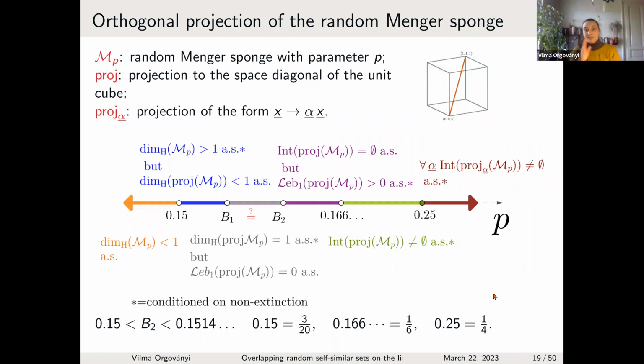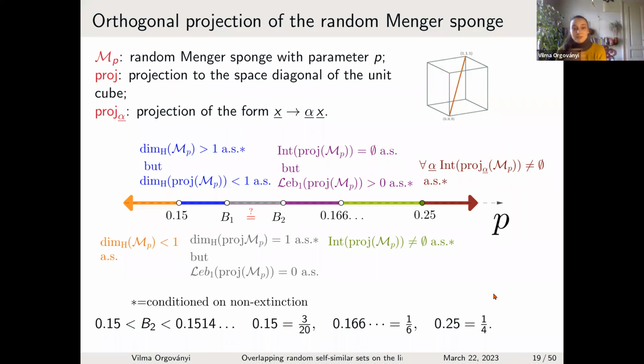And note that this bound is sharp, because if we project the random Menger sponge to the coordinate axis, then the interior will be empty if p is smaller or equal to 1/4.